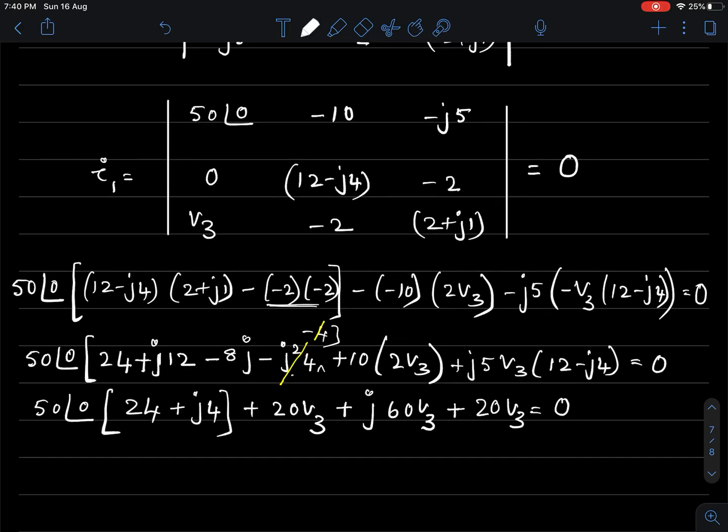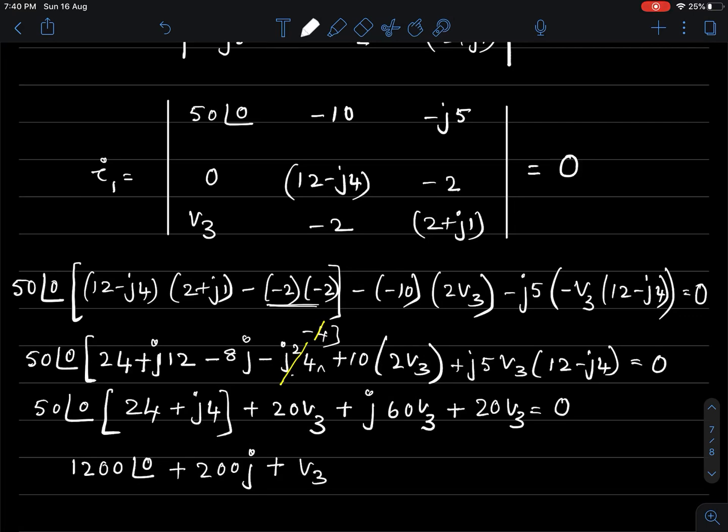All right, now if I can simplify, this comes out to be 1200 at an angle 0, plus 200 into j, plus, I can take √3 as common between all the three things.